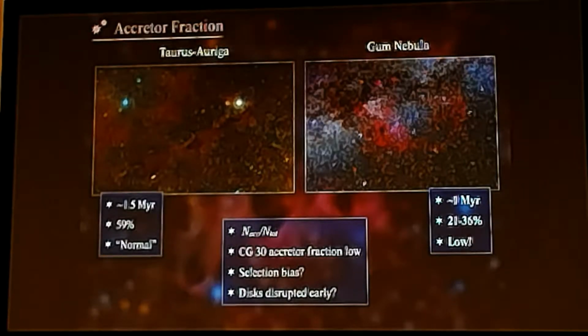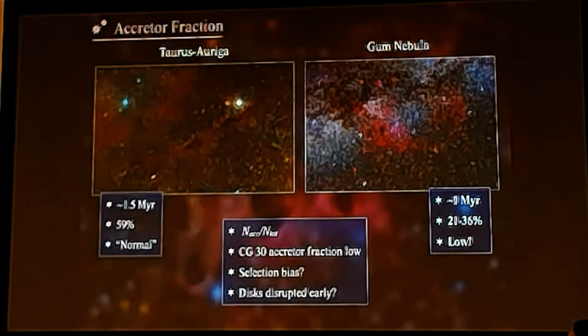Okay. So now that we're happy with our little association there, we're confident that the CG30 group is an association, we can go ahead and get its accretor fraction. I'll remind you, that is the number of stars that are accreting in a region divided by the total number there.